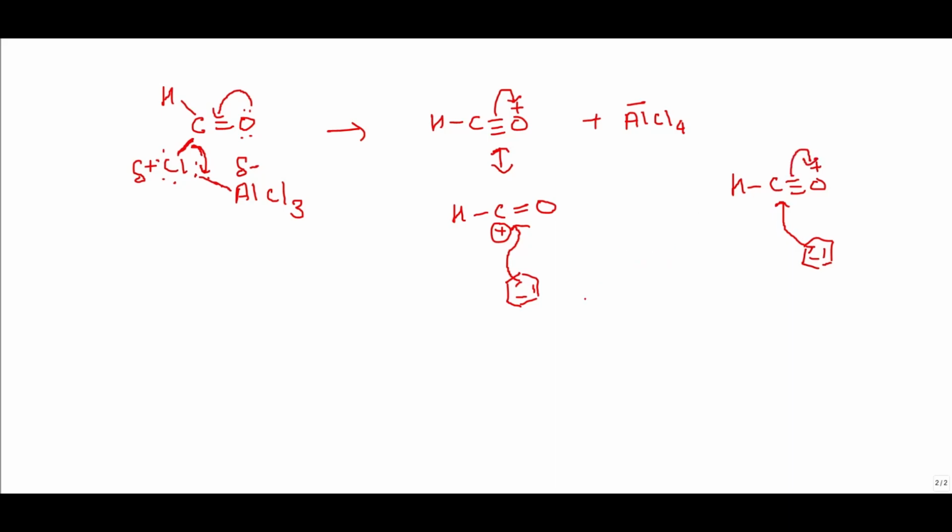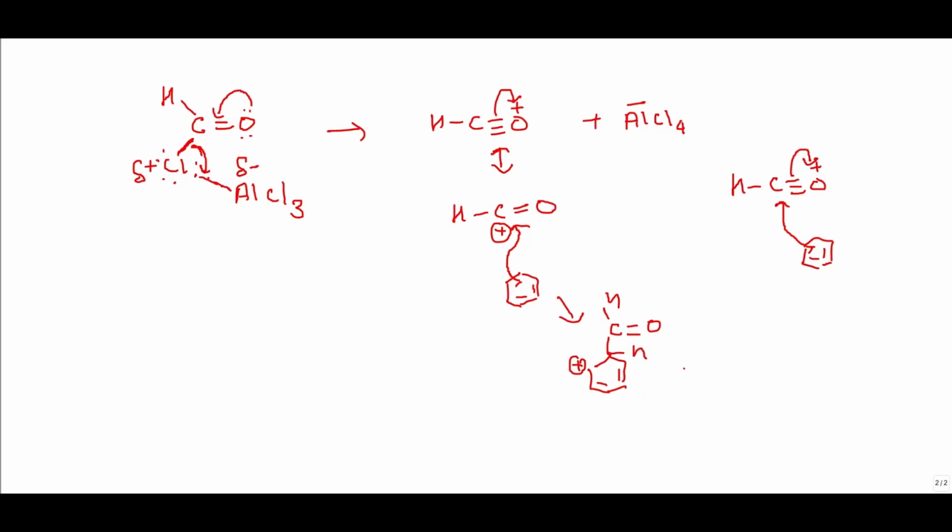Both the processes produce the same species as product of this step. So, there is a positive charge here and C double bond O H. Now, this is not an aromatic species. So, there is a proton here.